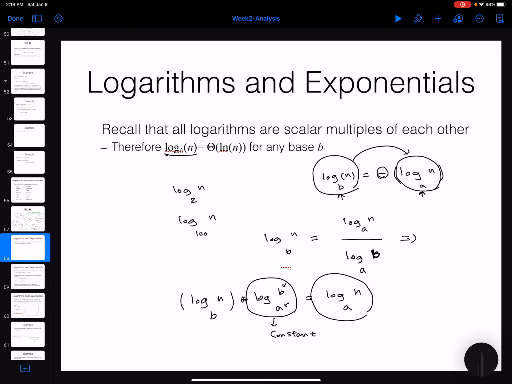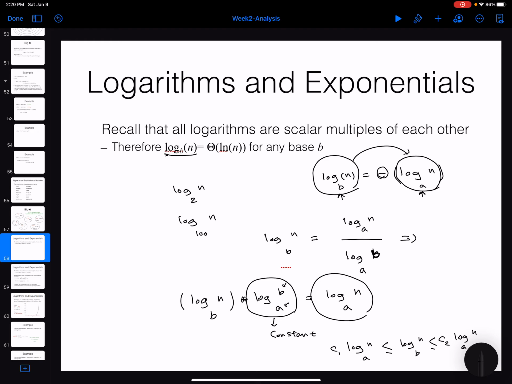So basically I showed that I can find two constants, c1 log of n in base a less than or equal to log of n in base b less than or equal to another constant times log of n in base a.